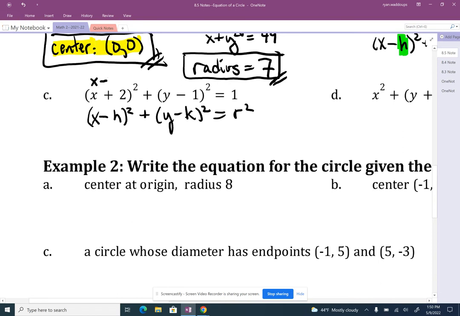X minus, what do I subtract the same as plus 2? X minus negative 2 is the same as x plus 2. And so my h value is negative 2. And then y minus 1, y minus k, so k equals 1.